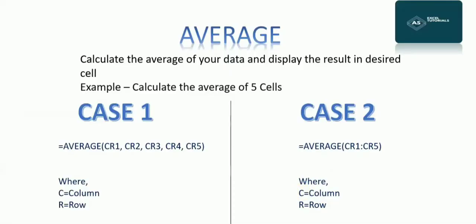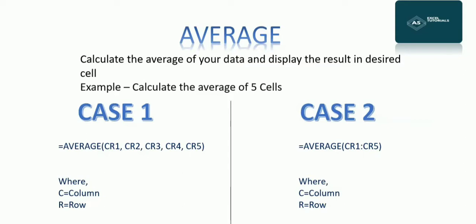Let's move on to our next function, that is average. What is average? It calculates the average of your data and displays the result in the desired cell. Here also we are taking the same example. We need to calculate the average of 5 cells. Case 1, case 2.